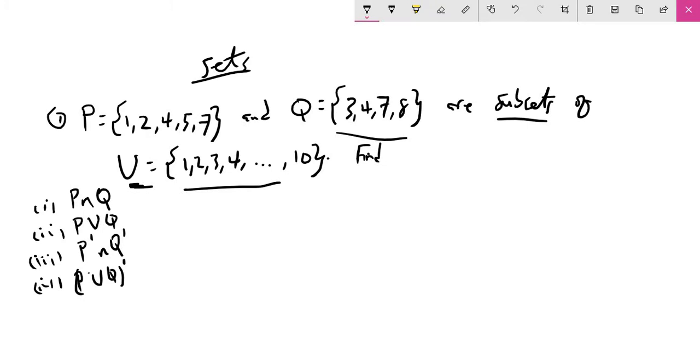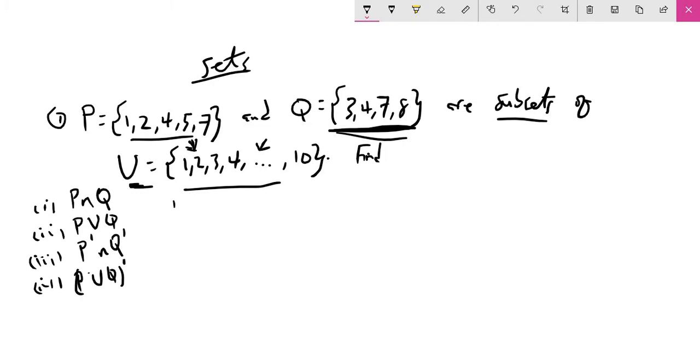When we say a particular set is a subset of another, it means all the elements within that set can be found in the set it is a subset of. So that's what they mean by subset. So we can see that 1, 2, 4, 5, 7 are contained within 1 to 10. Similarly, 3, 4, 7, and 8 are contained within this.